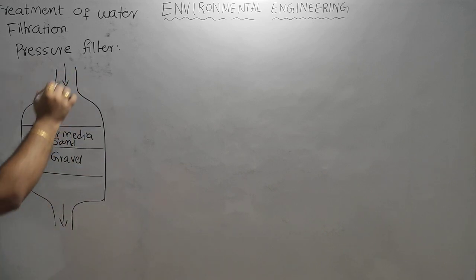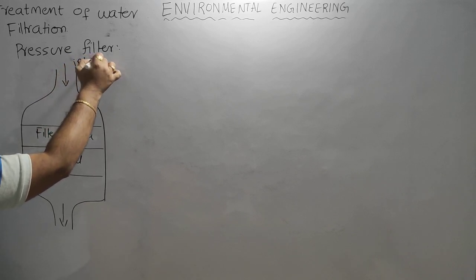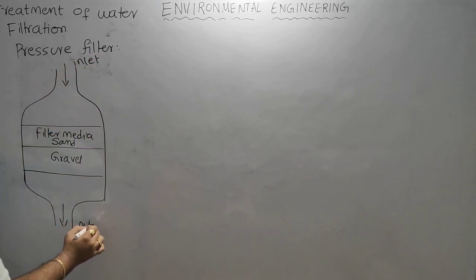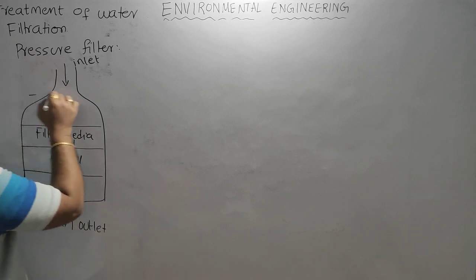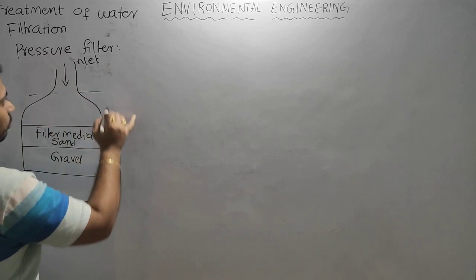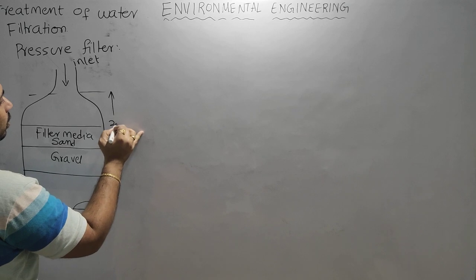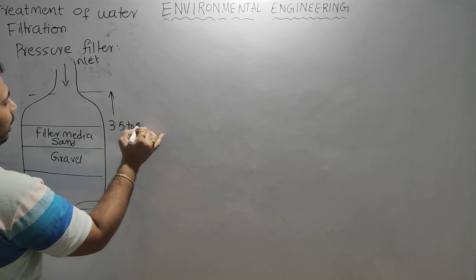This is the inlet, this is the outlet. Generally the height of the filter ranges from 3.5 to 8 meter. So here the height of the filter, 3.5 to 8 meter, it will be present.